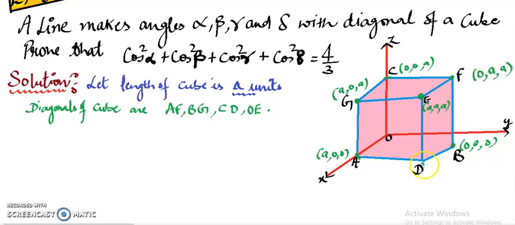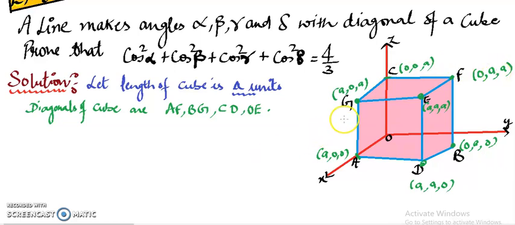And D point is in the XY plane, therefore the D point is a, a, 0. If any point lies in the XY plane, then its Z is 0. If any point lies in the ZY plane, then its X is 0. If any point lies in the XZ plane, then its Y coordinate is 0. So I have taken all the points in terms of the length.